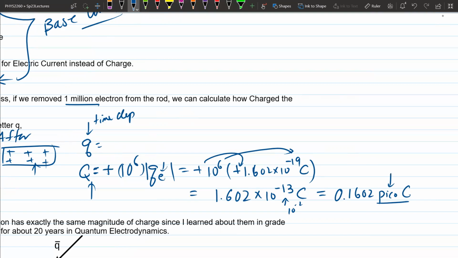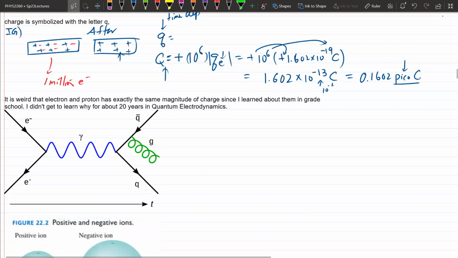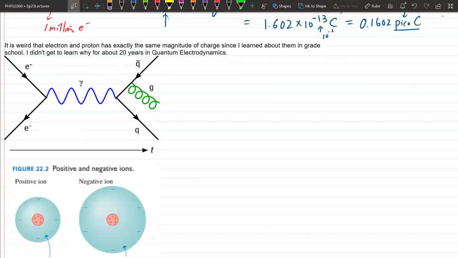To have charges that have an effect is something on the order of having something that's charged to 10 to the minus 13. It's already a decent amount of charge that you can see in real life. One Coulomb of charge is actually a lot of charge. So that's how you figure out how much charge gets developed on a particular material.